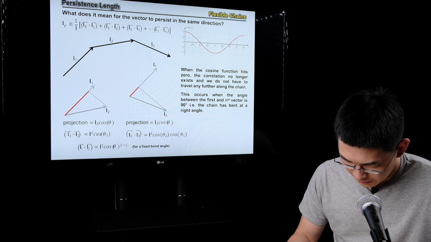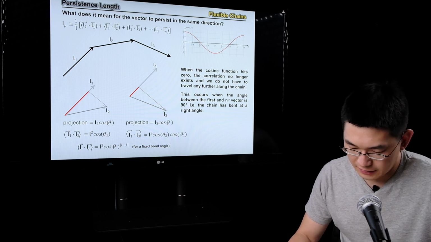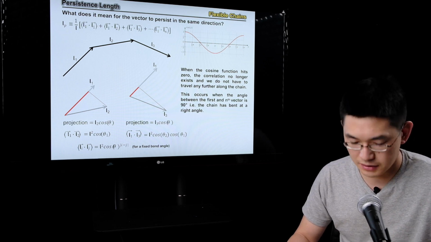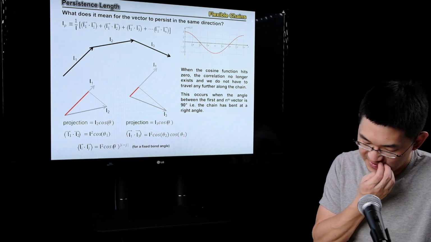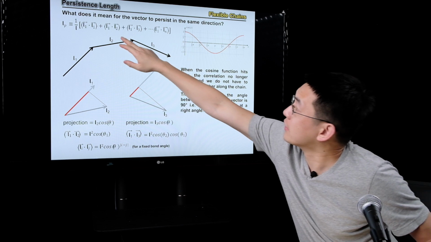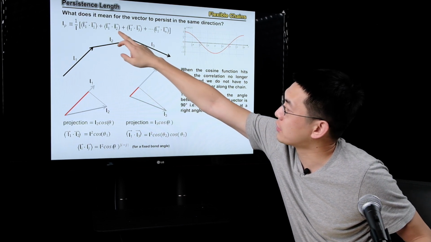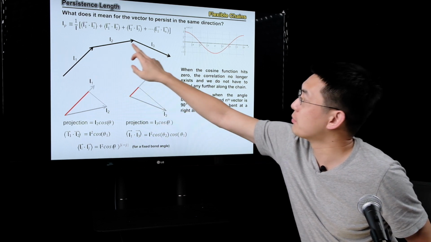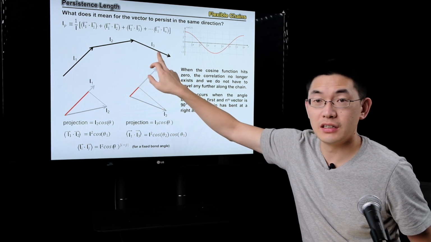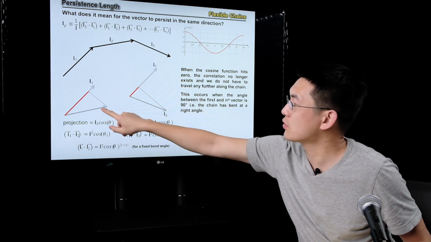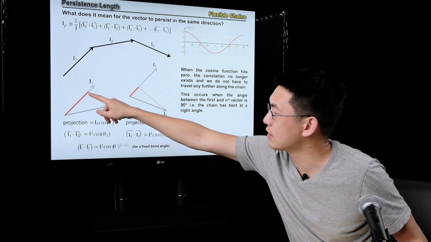Okay, so this is what I mean if we consider not a free joint chain, but something a little more complicated. Each definition means the projection of the second bond on the first bond. So if we draw 3 bonds, L1, L2, L3, L2 dot L1 means how much component L2 has in the projection along the L1 direction.